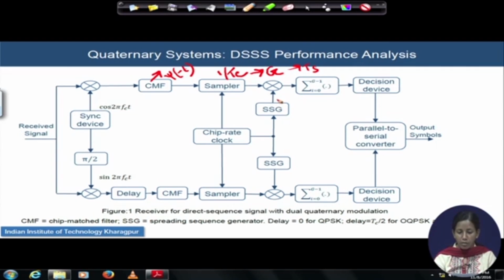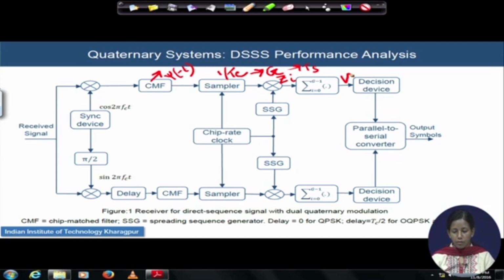Next comes the dispreading section, where you have a multiplier followed by an adder, following the correlator architecture. As discussed in earlier modules, the input to the adder circuit was Zi, and after the addition and dispreading, the combined signal V is generated, which enters the decision device.